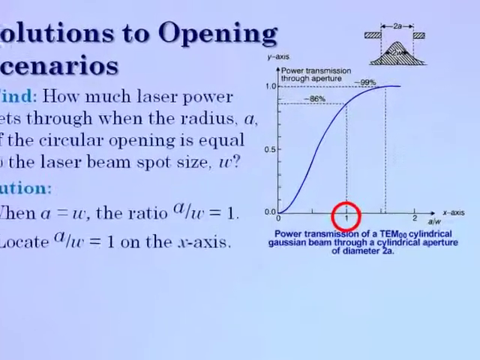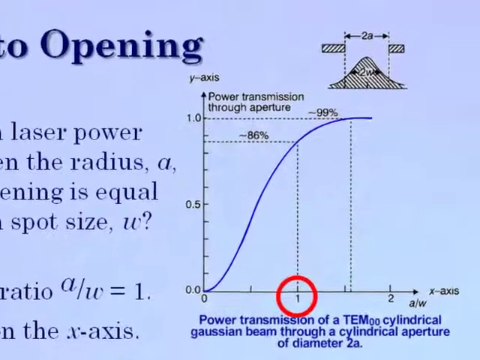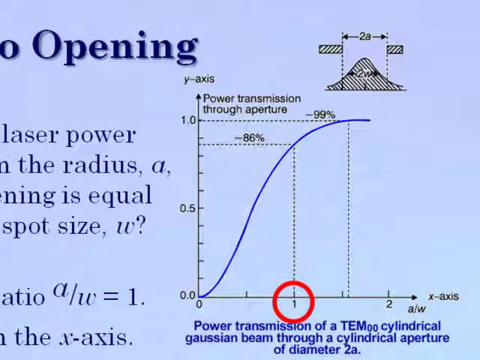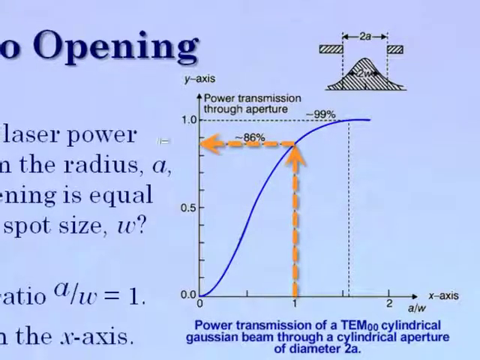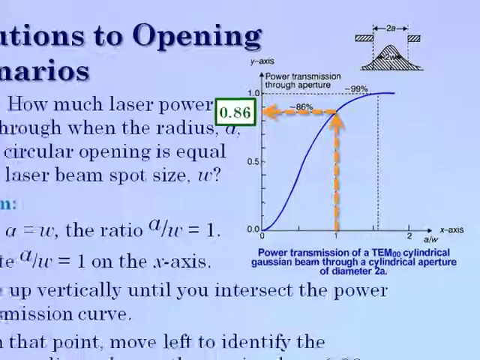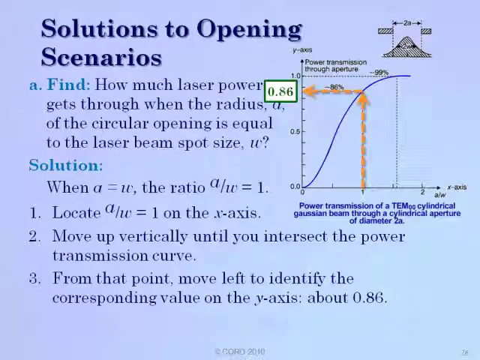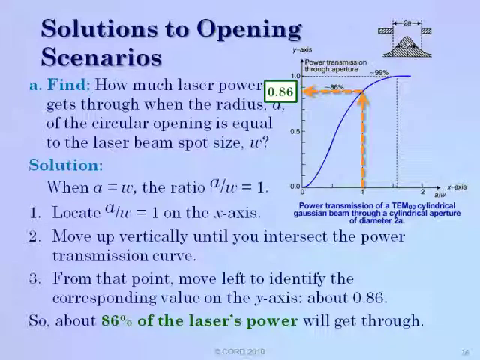Let's locate the ratio of A over W equals 1 on the x-axis and move vertically up until you intersect the power transmission curve. From that point, you move left and read on the y-axis about 0.86 or 86%. So about 86% of that laser's power will get through that aperture when the aperture is the same size as the beam spot.